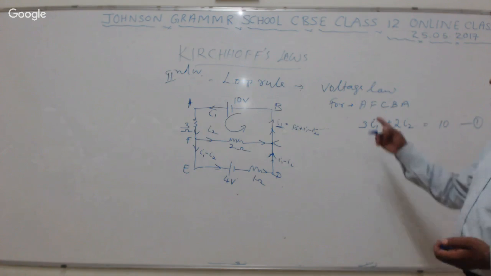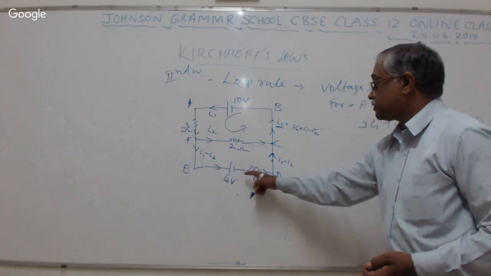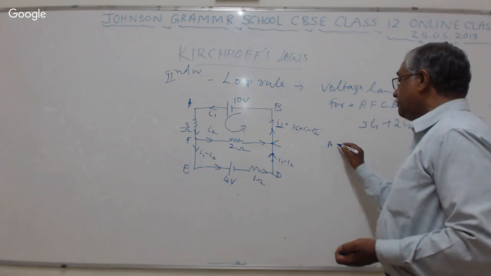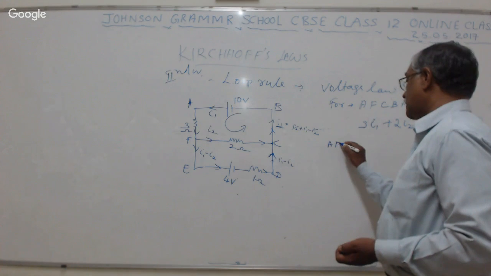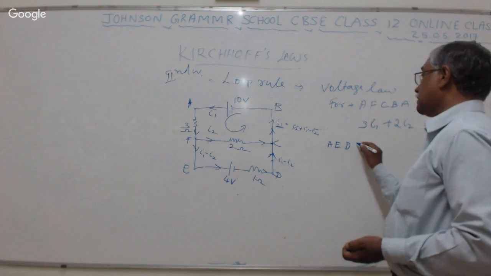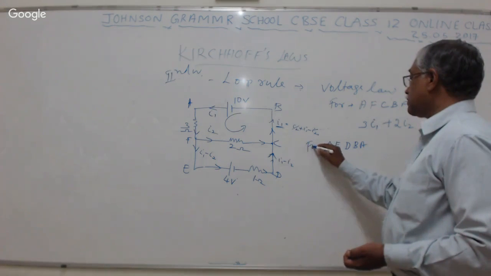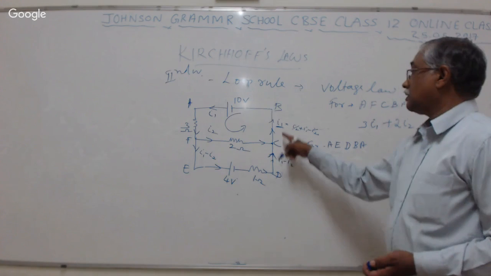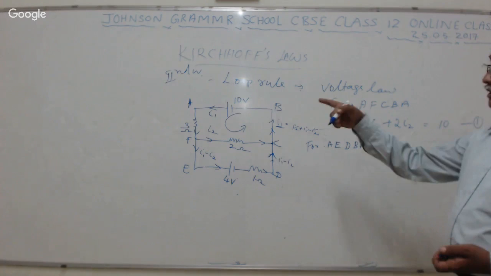And another equation we can take, for example, this bigger circuit. So that is F A E D B A. So this equation is for A E D B A. There you will see the equation again.